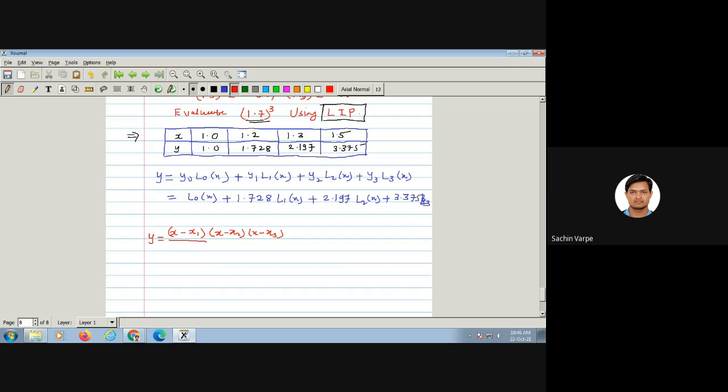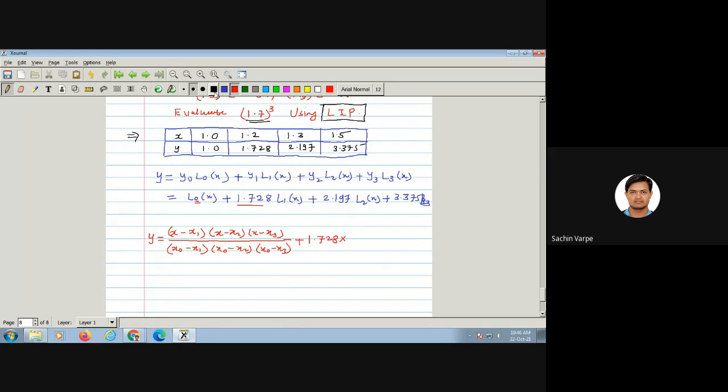Upon we replace x by x0 because we are finding L0. So x0 minus x1, x0 minus x2, x0 minus x3, plus 1.728 into L1 of x.